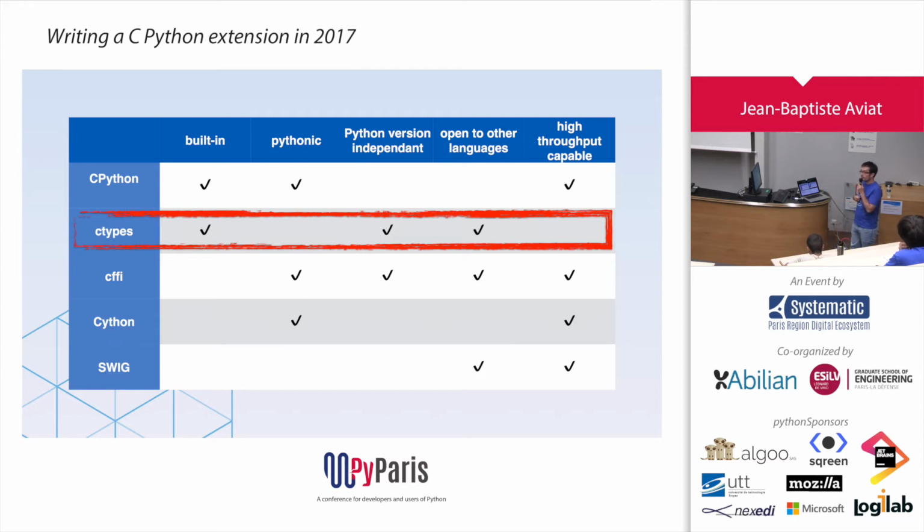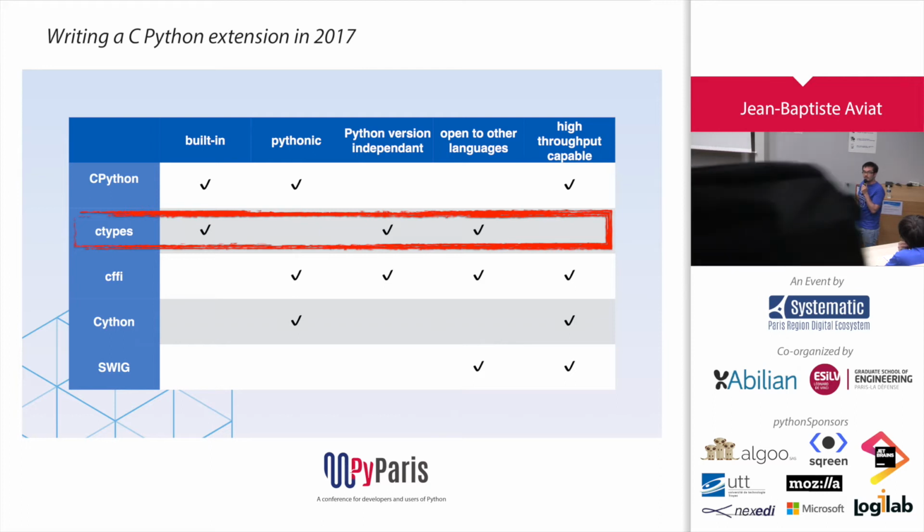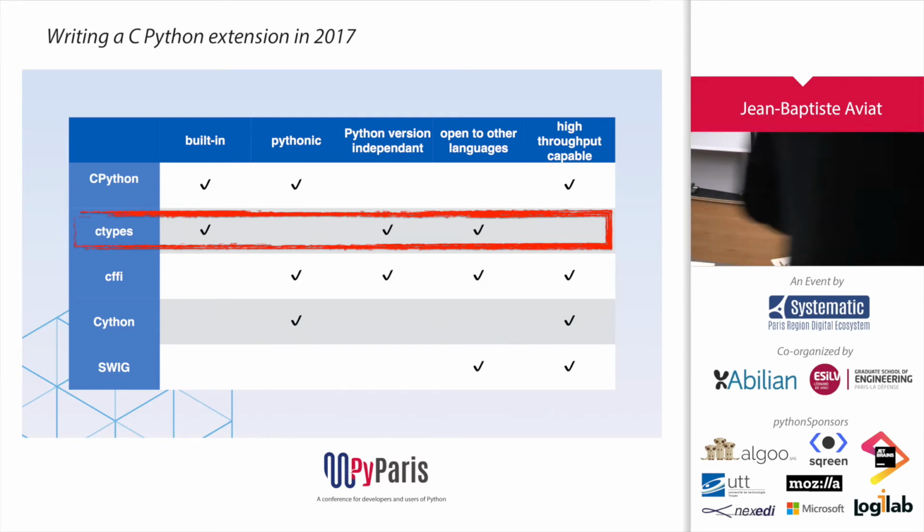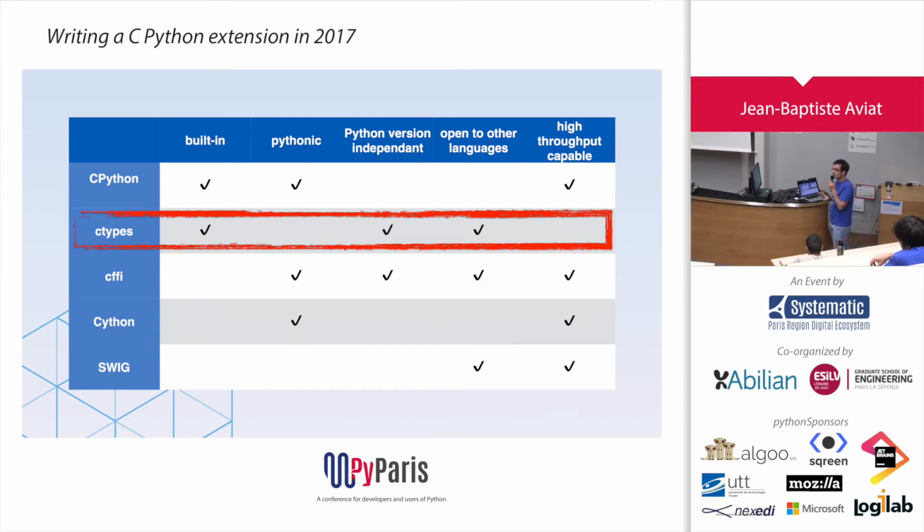It's also open to other languages, all right? If you compile something for ctypes, you don't include Python in any way. You only use standard C types. So if you use it from Python, it's okay, because you have ctypes. If you use it from Ruby, for instance, it's okay too, because it's not tied to Python.